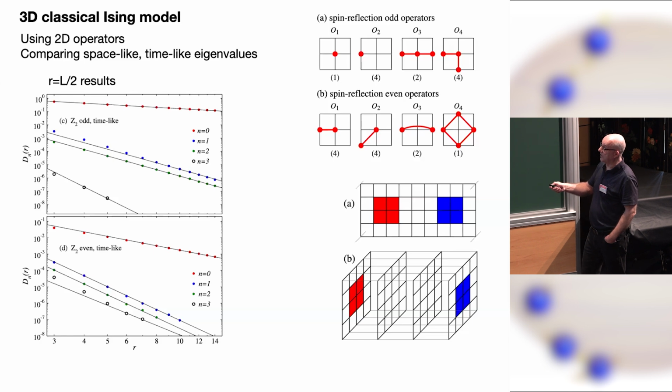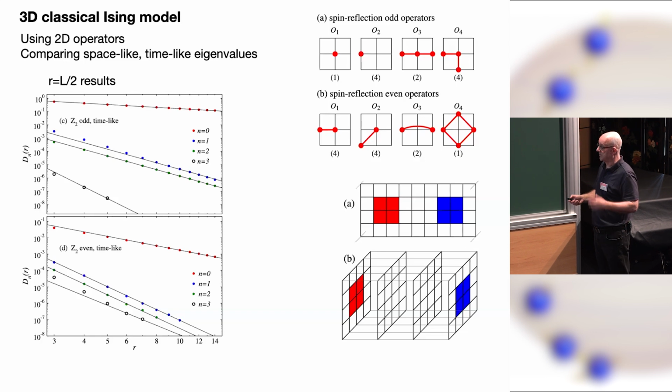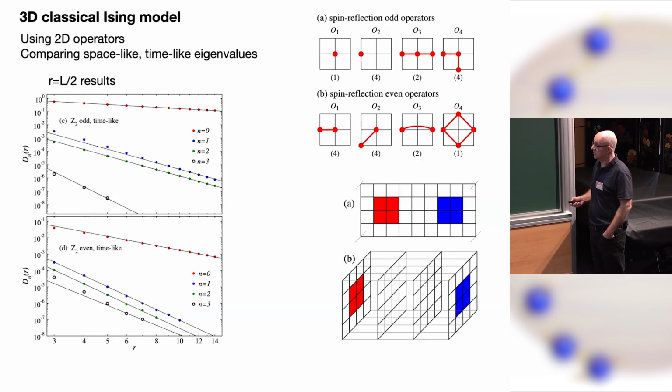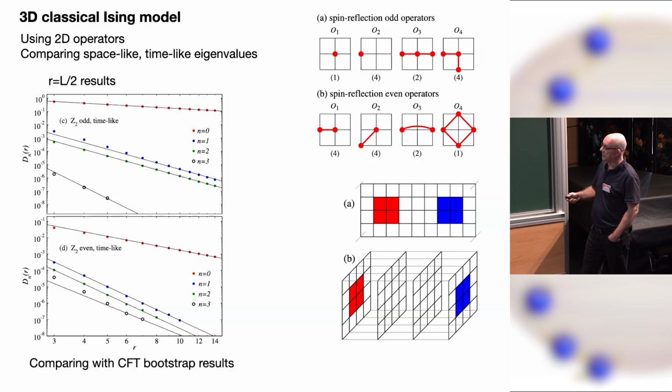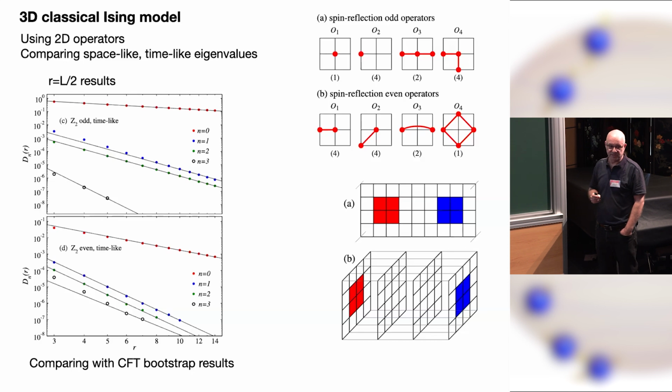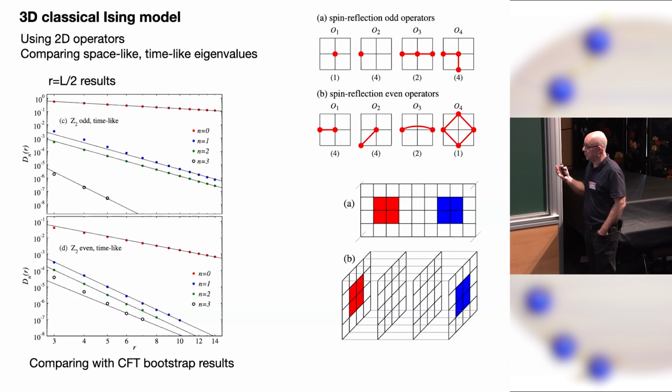So here I show time-like correlations. They actually seem to behave a little bit better, but in the paper there are also space-like ones, and they look the same. So this is again the known primary scaling dimension, and this is basically taken from the most recent CFT bootstrap paper. So you see the primary, but then again now the first descendant should be doubled, because again these operators don't have fixed L, they mix L equals 0 and 2.